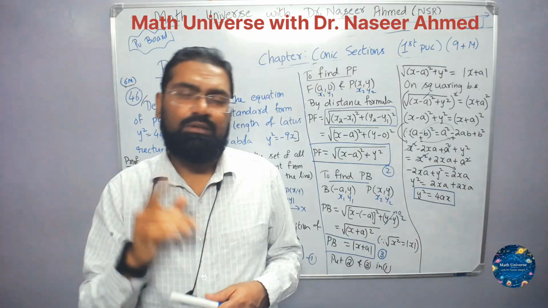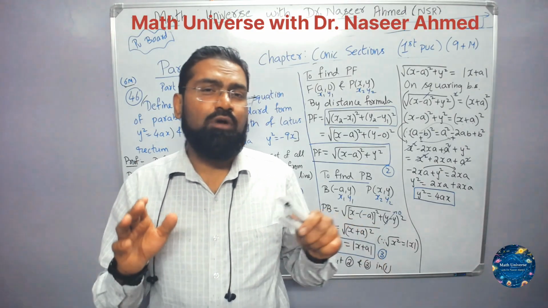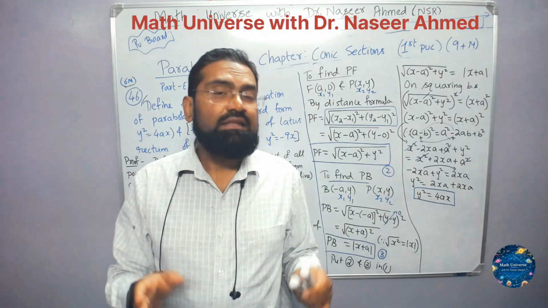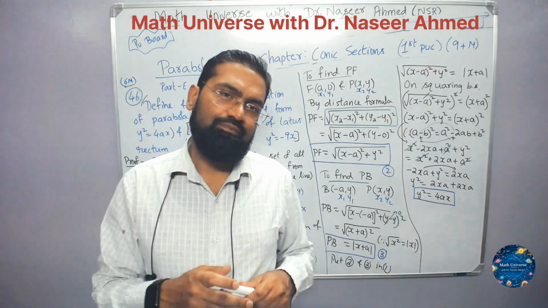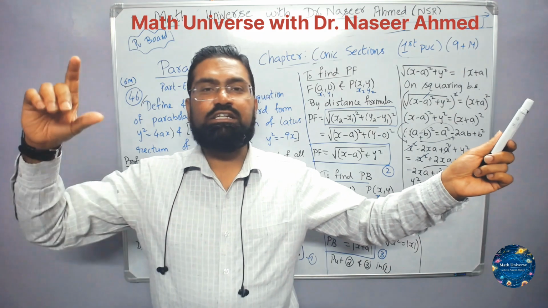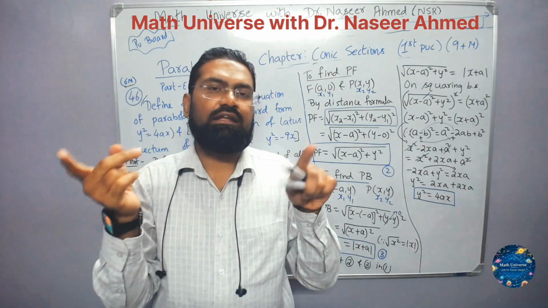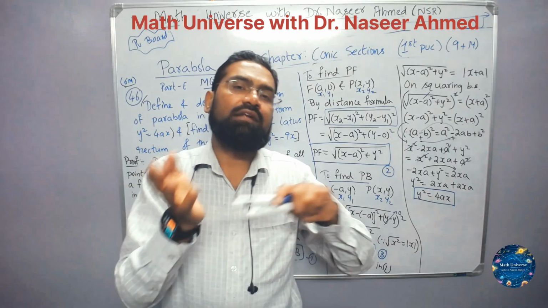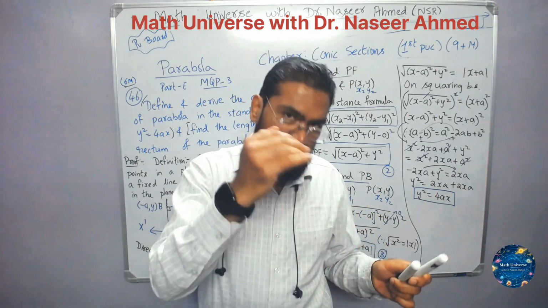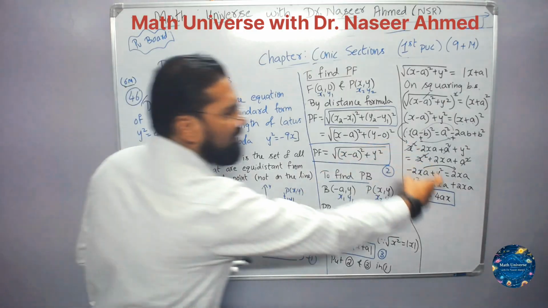The converse of this will be, if in two triangles their corresponding sides are proportional, then the two triangles are similar. So the first statement which I said was, triangles similar, then corresponding sides should be proportional. The converse is, if in two triangles their corresponding sides are proportional, then the triangles are also similar.